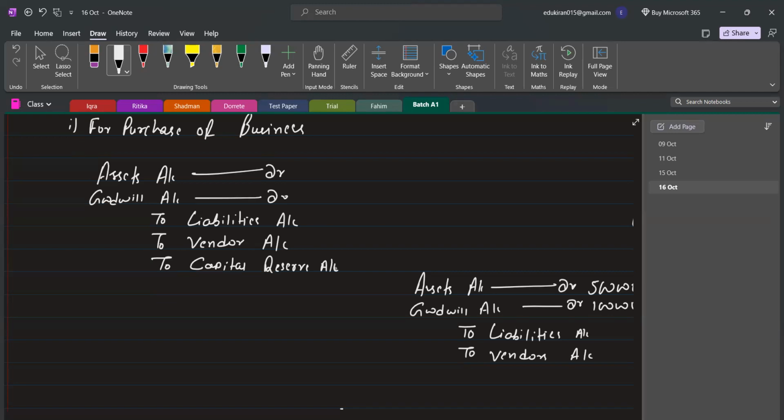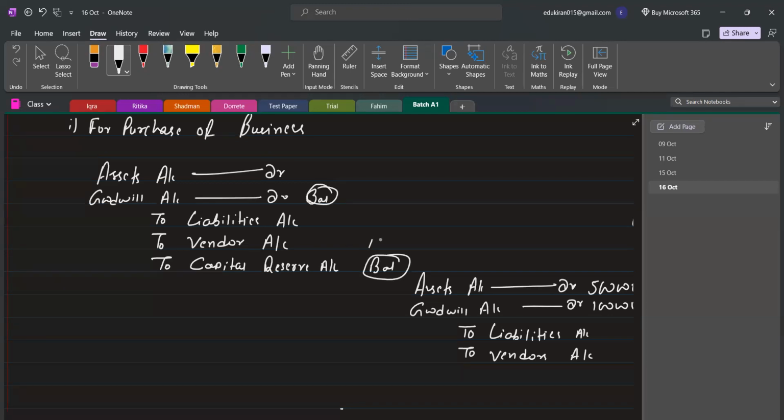If we paid extra money, an extra 1 lakh, this is called goodwill. But now we are paying less money to the seller, 50,000 less. So this is a capital nature profit for us. That's why this will be transferred to the capital reserve account. So goodwill and capital reserve are the balancing figure.